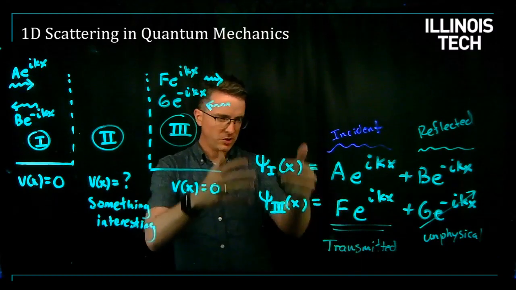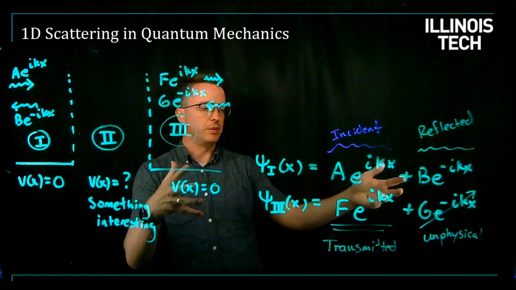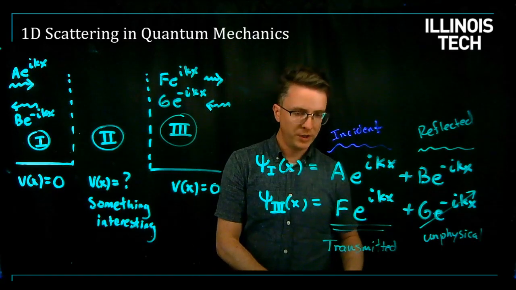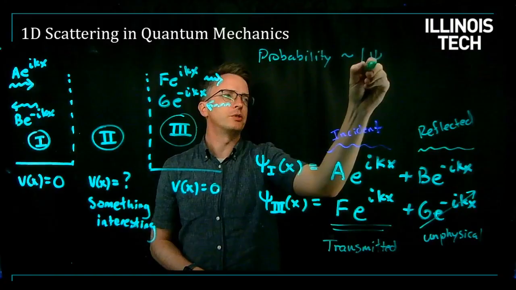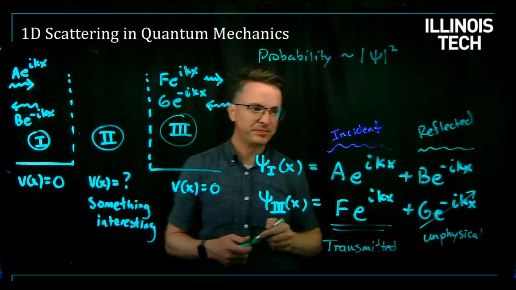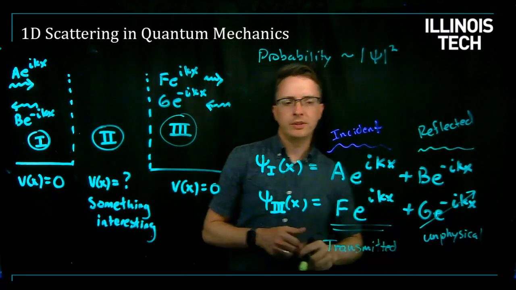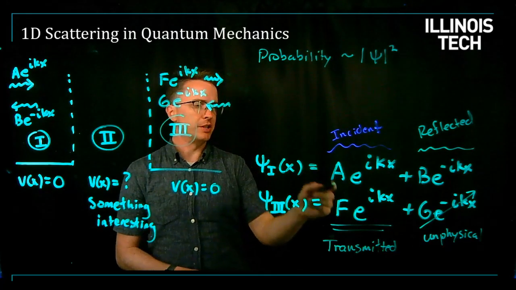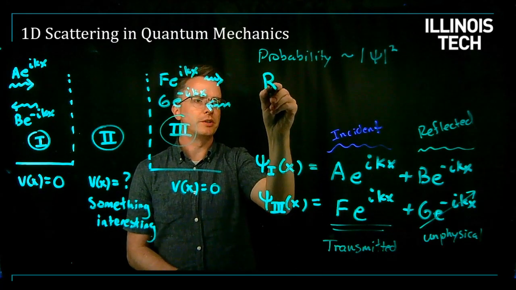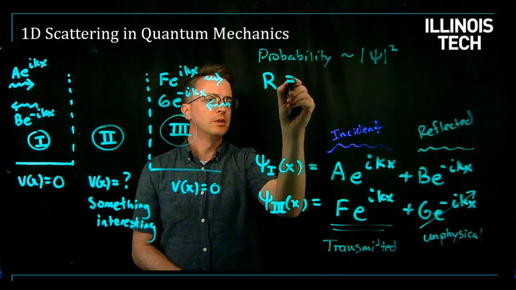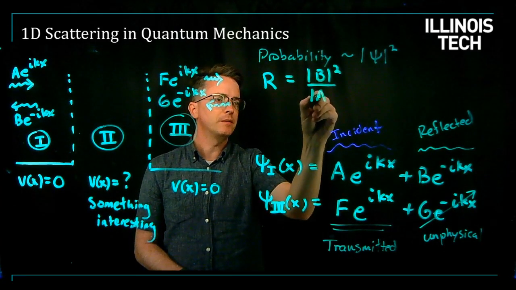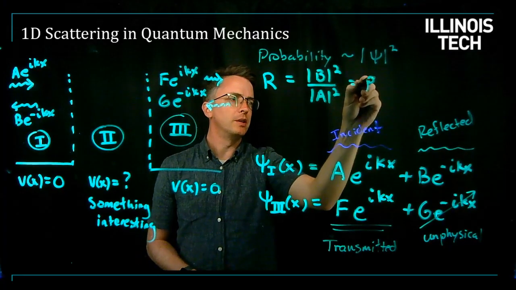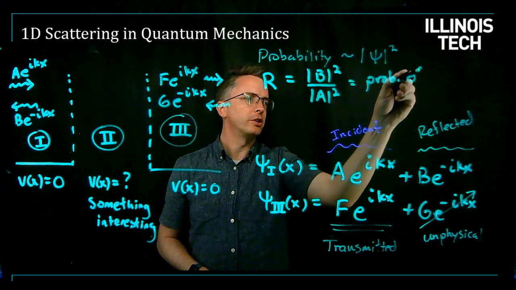Right? These are wave functions, and I want to make connections to probabilities. We know that probability goes like the wave function modulus squared, right? So we define these things called reflection and transmission coefficients. R is going to be the reflection coefficient. It's going to be modulus b squared over modulus a squared, which is the probability of reflection.